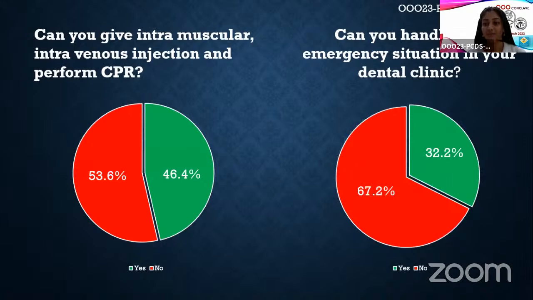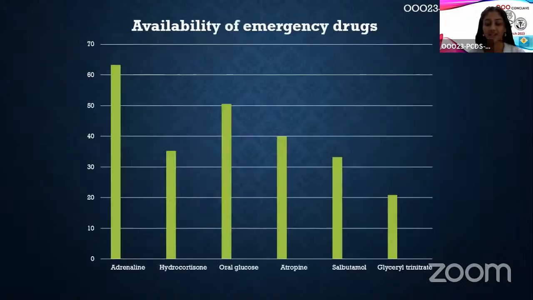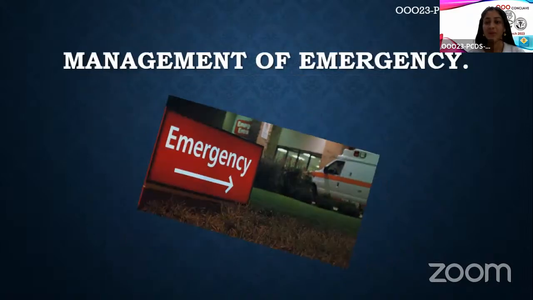According to the data obtained in my study, one third of the dentists were positive of handling any emergency situation occurring at the dental clinic. The most commonly available drugs were adrenaline and oral glucose, followed by atropine. The least commonly available drugs were hydrocortisone, salbutamol, and glyceryl trinitrate.